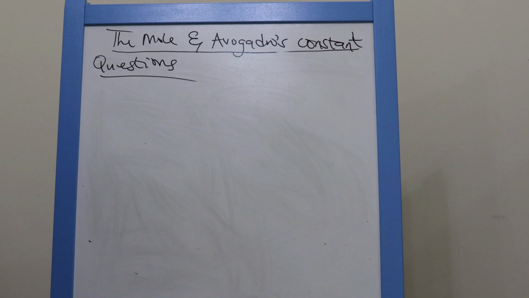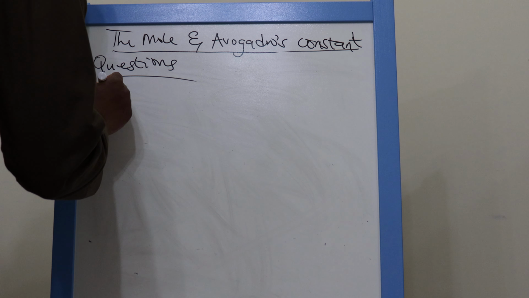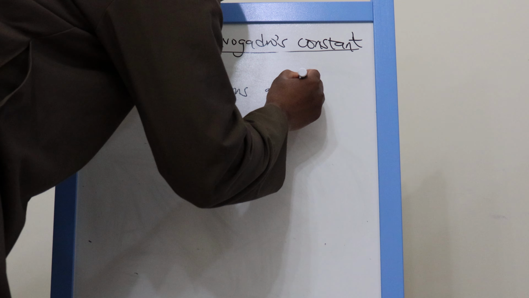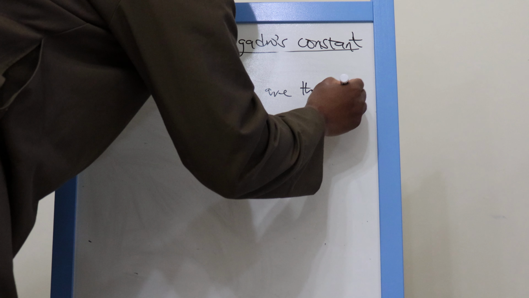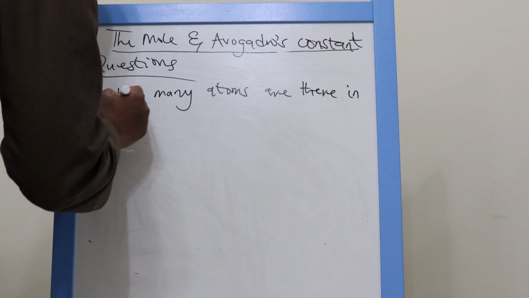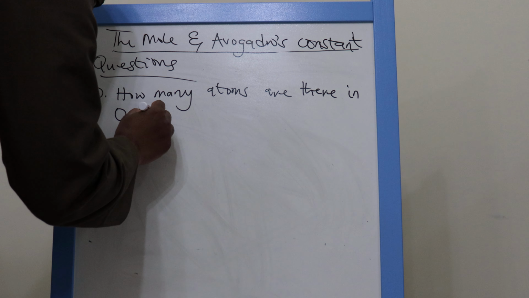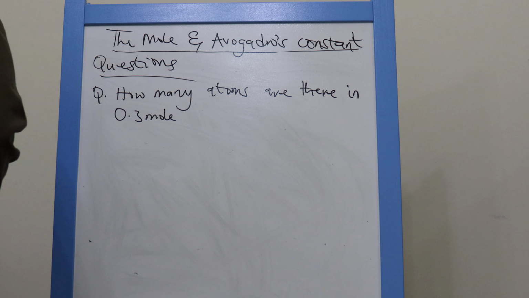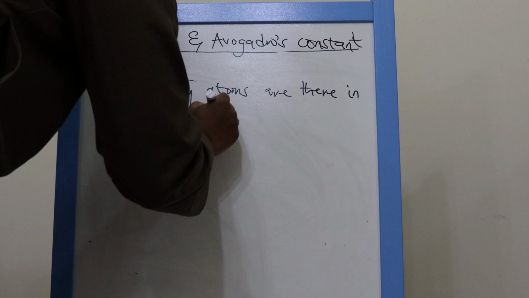Okay, so we are going to take some questions. Question 1: How many atoms are there in 0.3 mole of sodium?